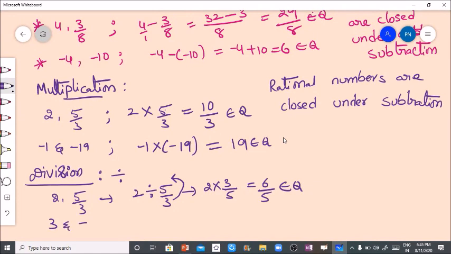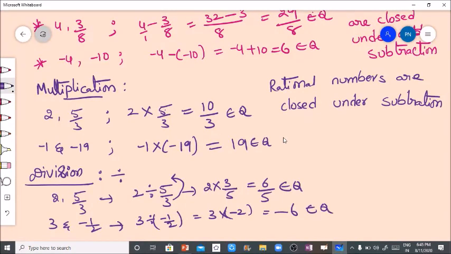Next, 3 and minus 1 by 2. 3 divided by minus 1 by 2 equals 3 into, reversing the fraction, minus 2. 3 into minus 2 is minus 6. This is also a rational number.